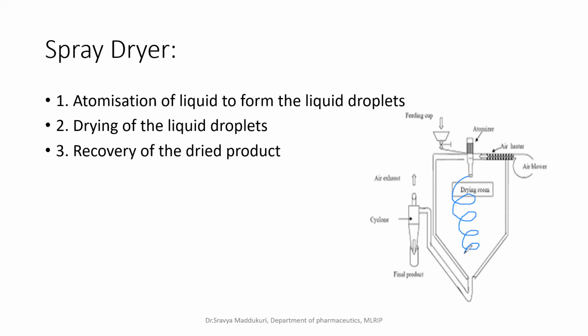Now, coming to construction, many different types of spray dryers exist, but here we'll study this one. It consists of a feed pump, the pump which feeds the liquid, and then an atomizer, which is a very important part of the equipment.